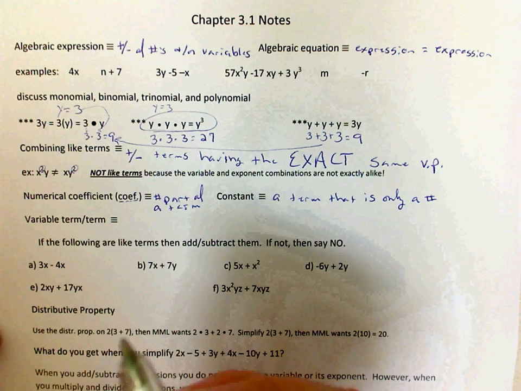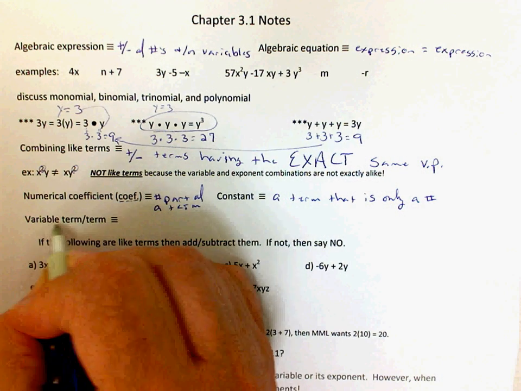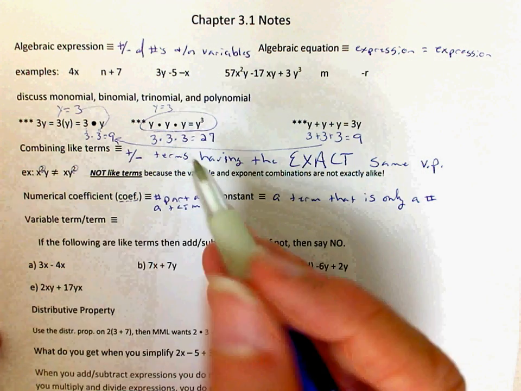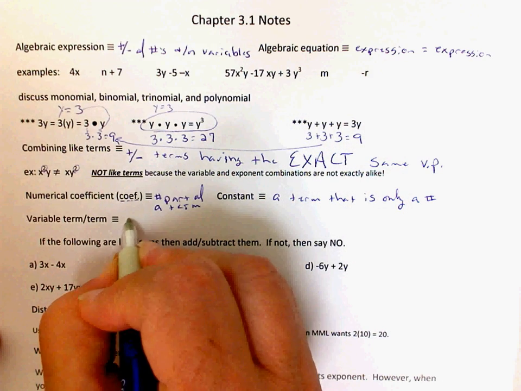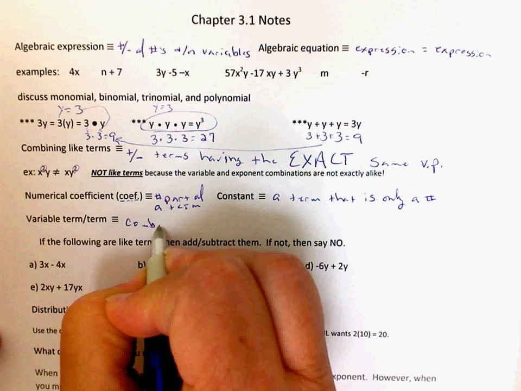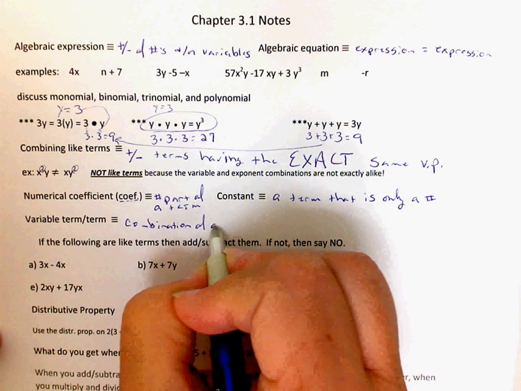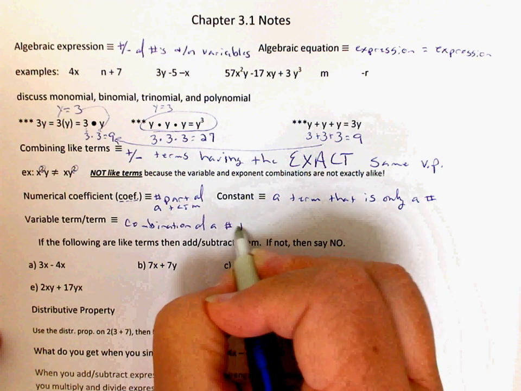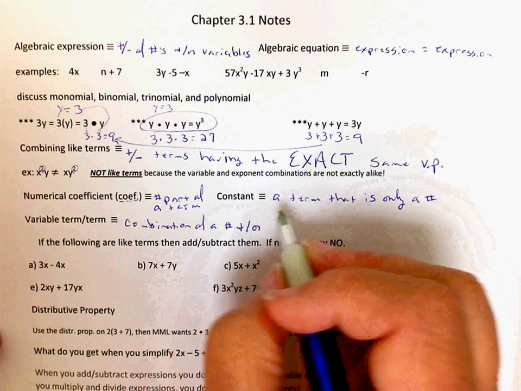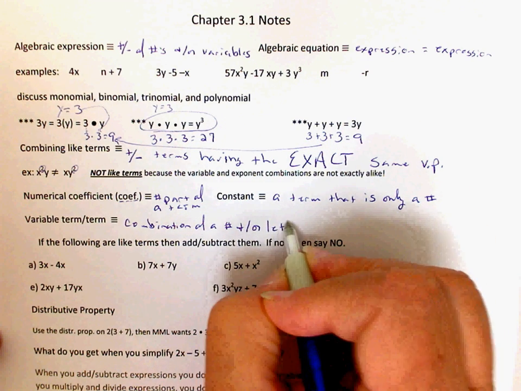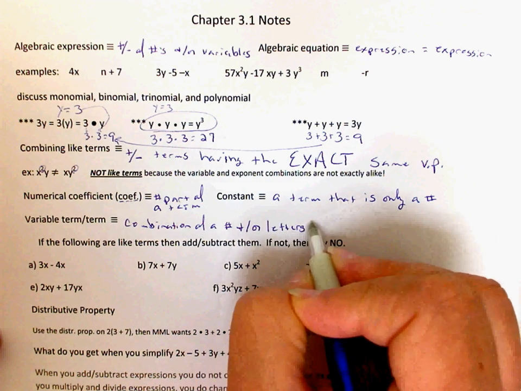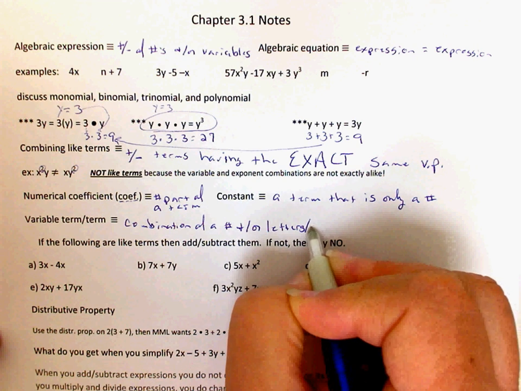And then variable term, or just term, is the combination of a number and/or letters, letters being variables.